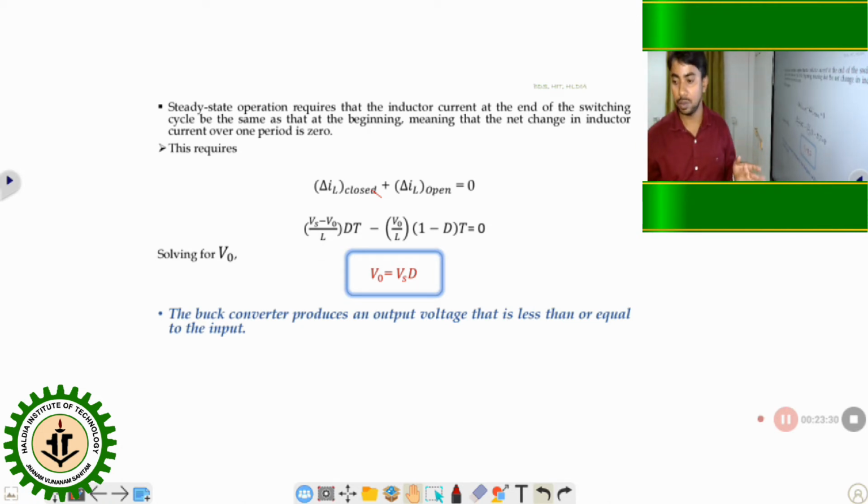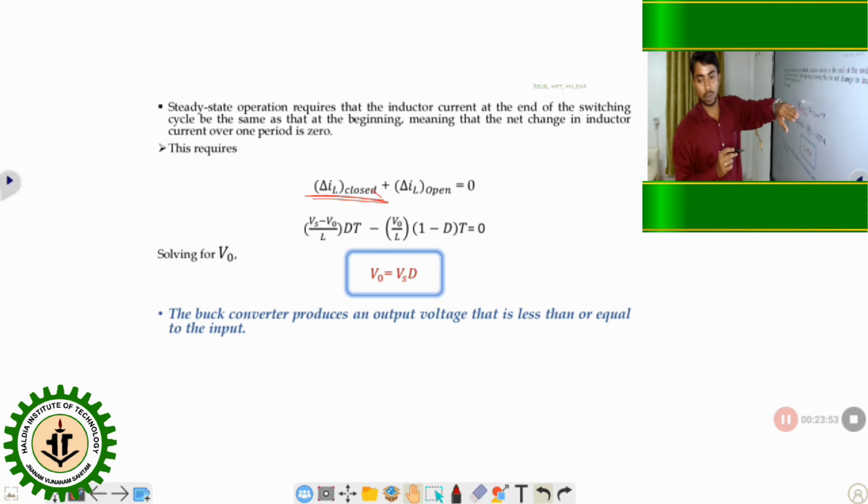So the net change in inductor current must be 0, and del IL closed plus del IL open is equal to 0.